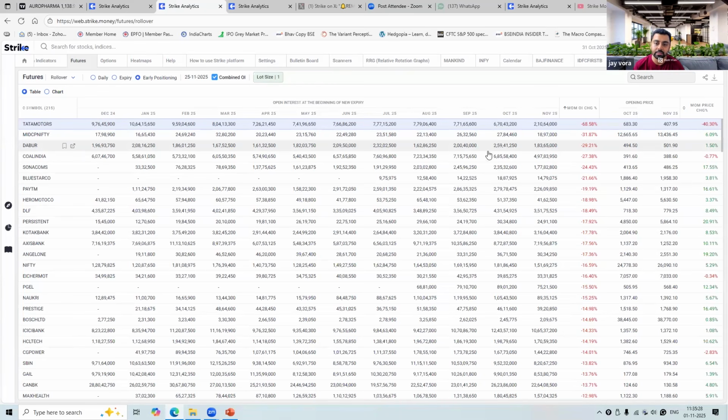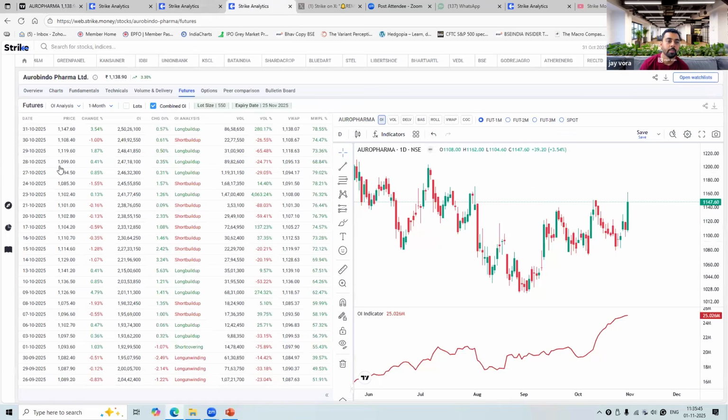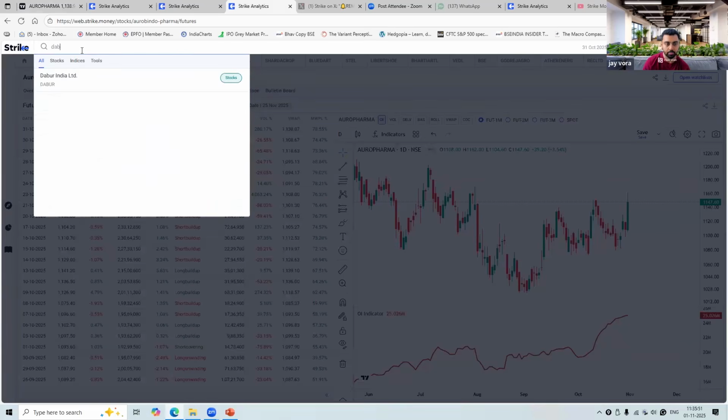But yes, there is a case that I am wondering whether there is a short covering rally that is now starting to play, because you can see over here it was 1 crore 96 lakh shares. Now it has come down to 1 crore 83 lakh shares. So Dabur, I want to see what is happening on a lower time frame, right? Dabur futures.